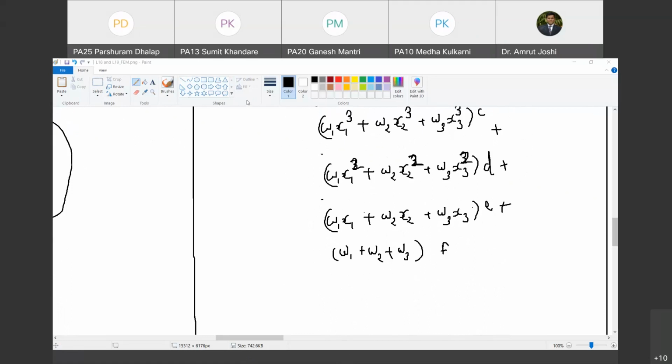3 point Gauss quadrature. Just a second.